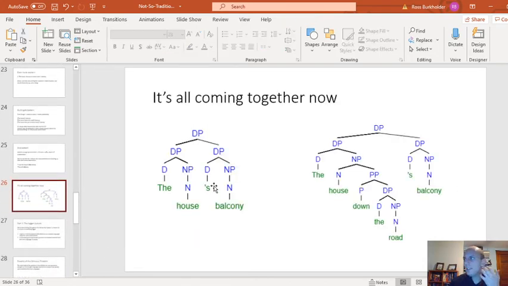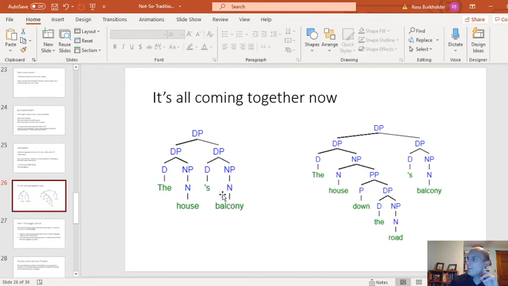So now we can encode this. Again, don't get overloaded by the structure here, but we can encode this apostrophe S as a determiner, and a determiner that comes before balcony, the noun.